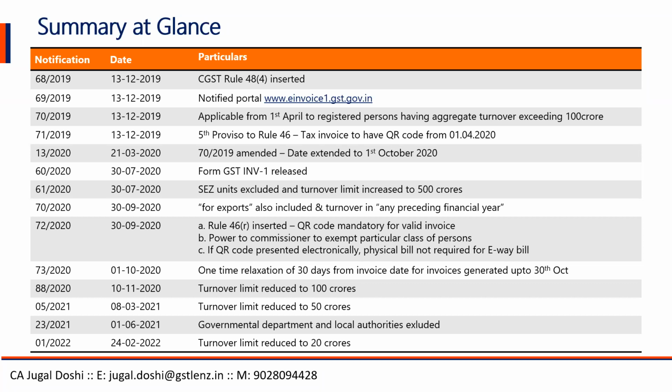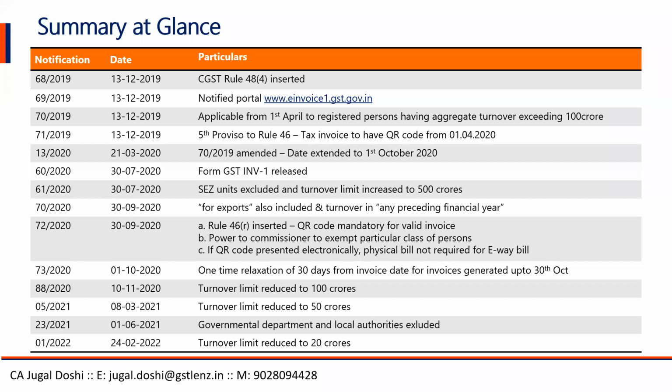First, notification 68 inserted Rule 48(4), which said that for a particular class of taxpayers, it would be mandatory to generate e-invoice. Notification 69 notified the portal through which e-invoice is to be generated.